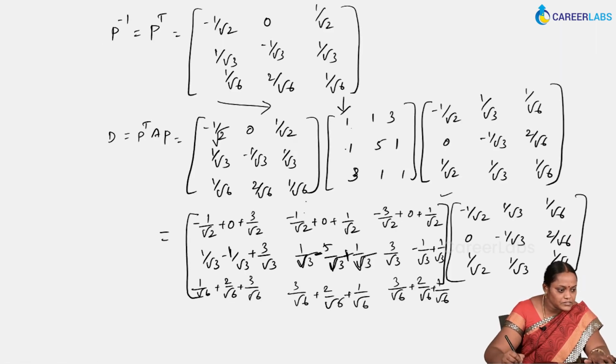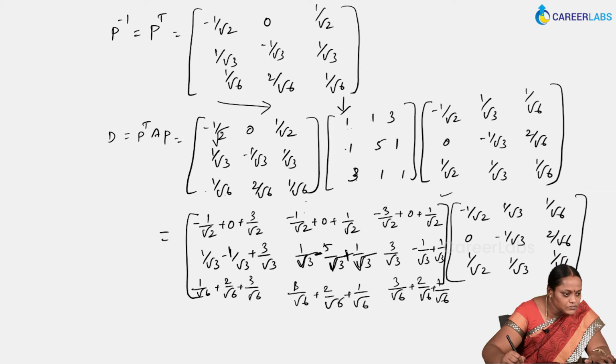Let me check it again. So here I think let us check this again. When you are multiplying this with this, whatever the first element, 1 by root 6, 2 by root 6, 3 by root 6, and for A32 it is 1 by root 6, 2 fives are 10, then again 1.